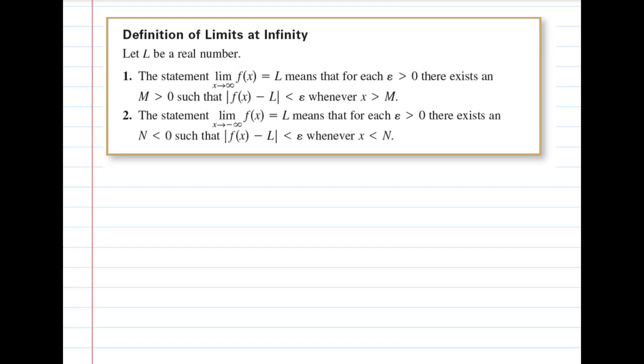In the same way, if we have the limit as x goes to negative infinity of f of x equal to L, we're going to have some epsilon greater than 0 such that there exists a number n less than 0, so that the absolute value of f of x minus L is less than epsilon for x less than n, right?